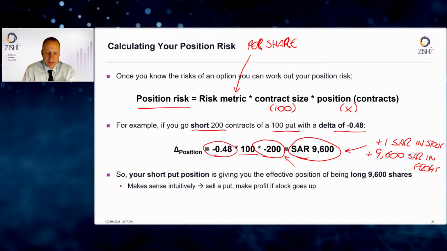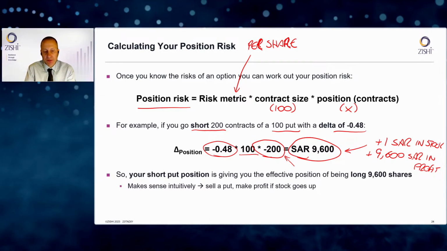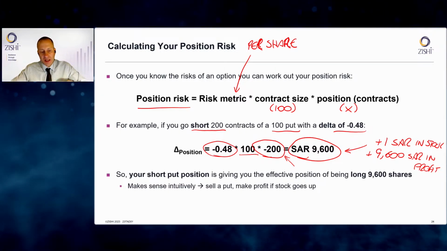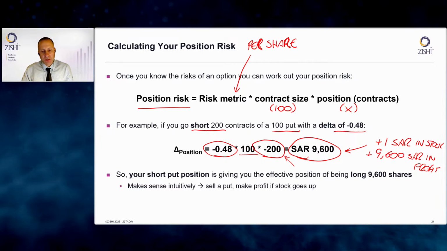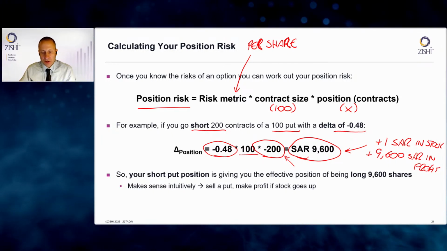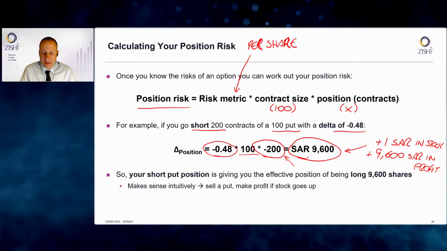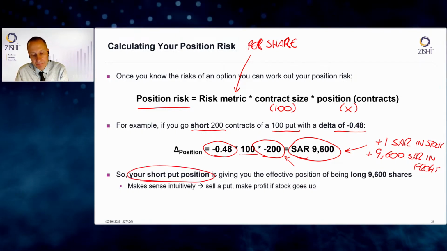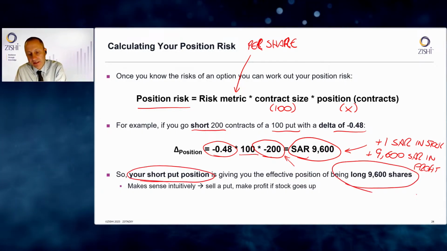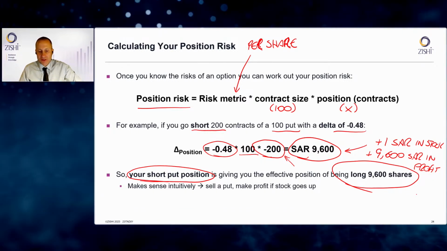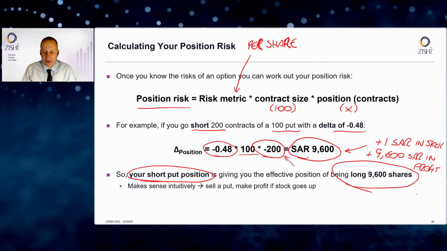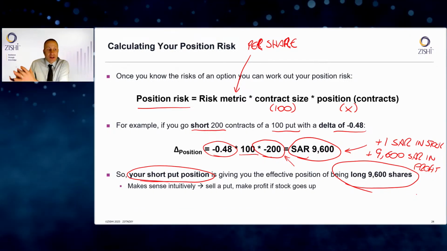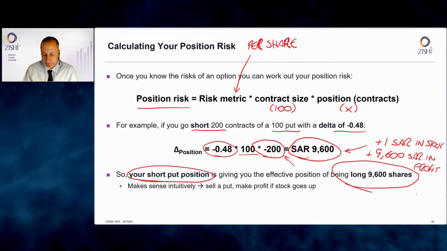So a negative position in the put combined with a negative delta gives me a positive delta to my risk position. I want the stock to move up. And again, treating delta like a hedge ratio, what this short put position is telling us is I'm effectively long 9,600 shares in whatever this underlying stock is. So I want the share price to move up.